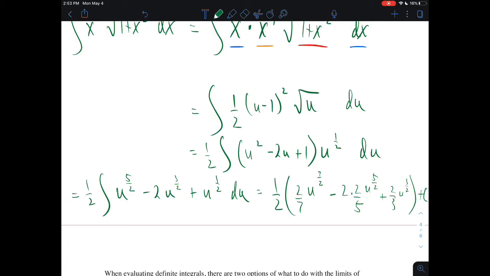If you did multiply capital C by 1/2, all you get is another constant, which again you could just write as C. So then multiplying through by 1/2, and then replacing all of my u's, 1/2 times 2/7 is 1/7. u, we said, is the same thing as 1 plus x squared.